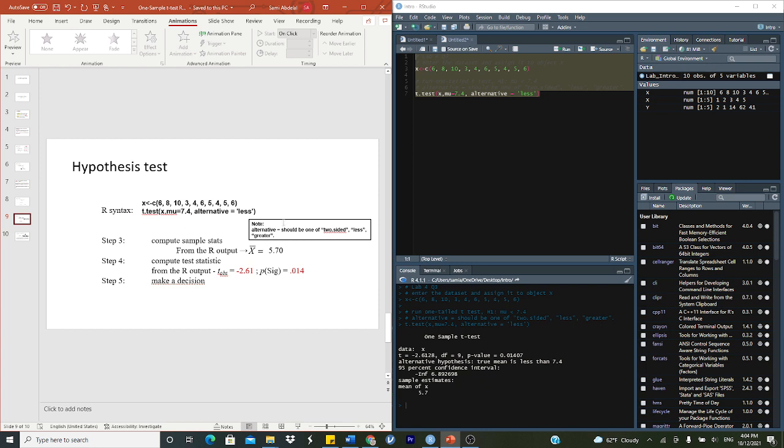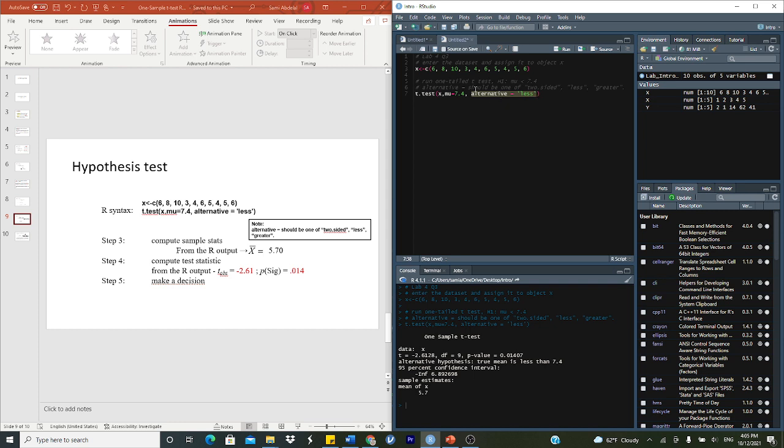Just of note, I should mention this. We are doing, again, a one-tailed t-test, meaning that our alternative hypothesis is saying that we're looking at one direction, basically. We're not asking if there's a difference. We're saying, is there going to be a reduction? So we have to input this value here.